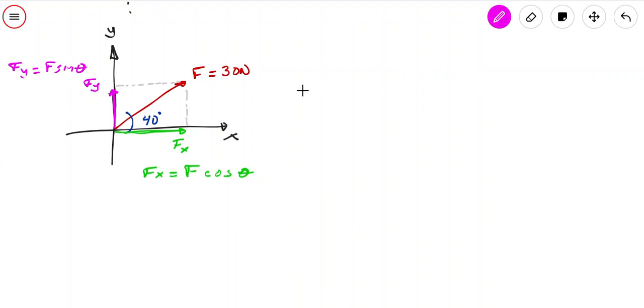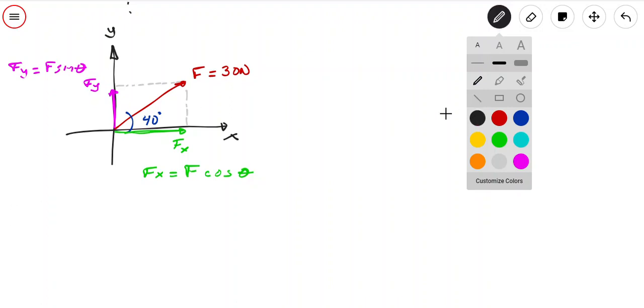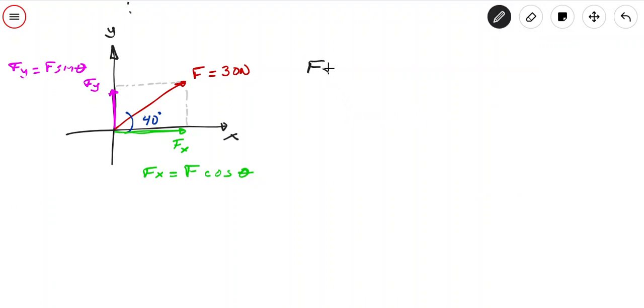So if for this angle of 40 degrees and the force F of 30 newtons, I try to find the components of this vector, we can say that Fx, that is F cosine of theta, would be equal to 30 newtons cosine of 40 degrees. If I put in my calculator cosine of 40 times 30, it would be equal to 22.98.